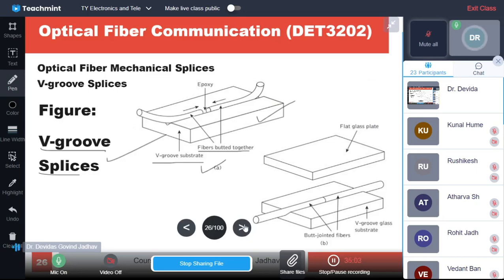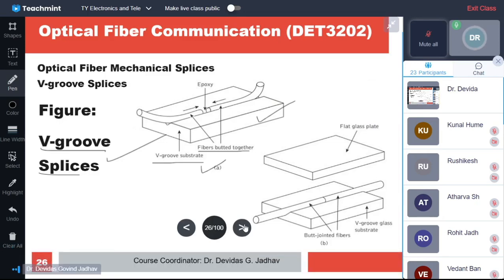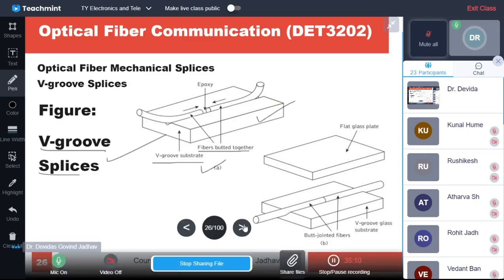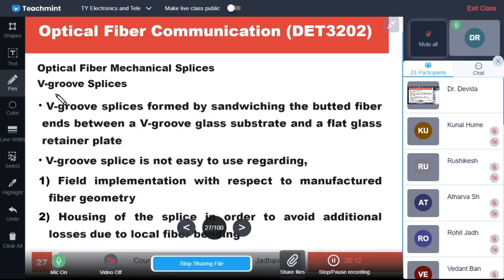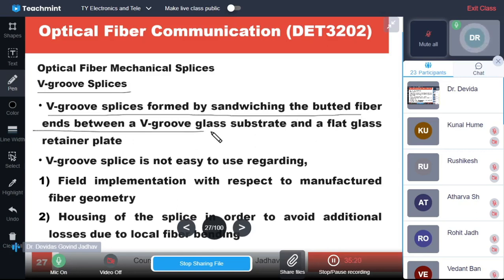So there are two types of mechanical splicing. One is snug tube mechanical splicing, and the second is V-groove splicing, which is in our syllabus. So what is there in the V-groove splicing? The V-groove splice is formed by sandwiching the butted fiber ends between the V-groove glass substrate and a flat glass retainer plate.